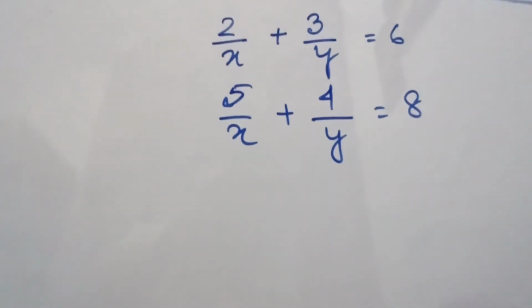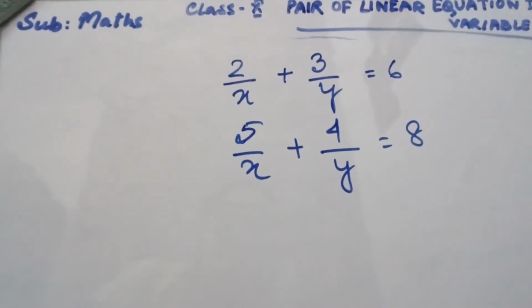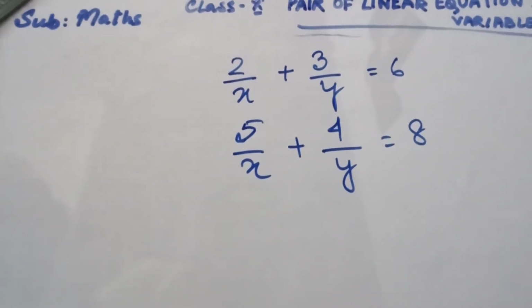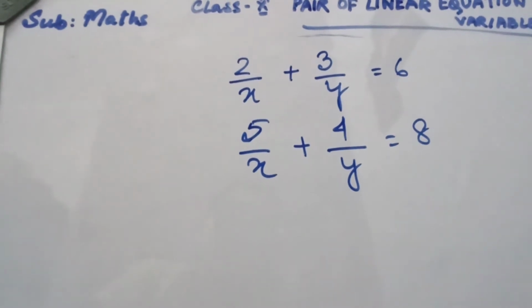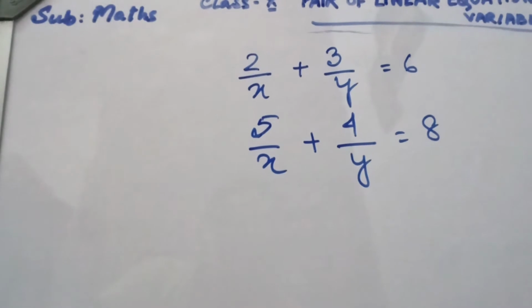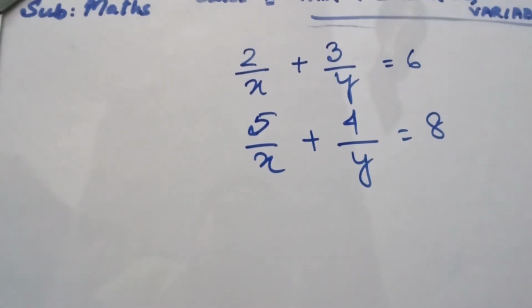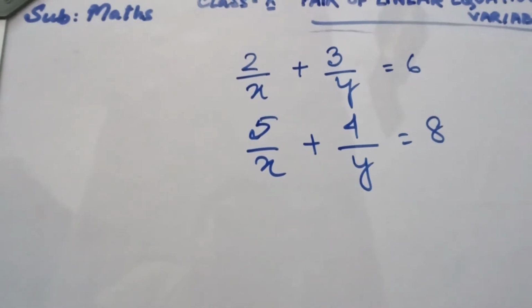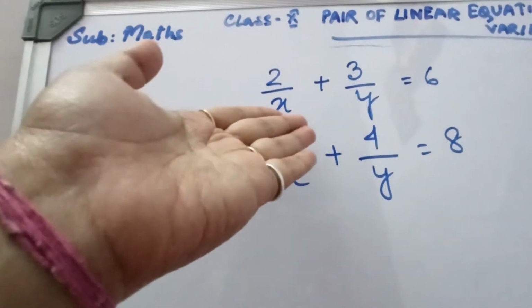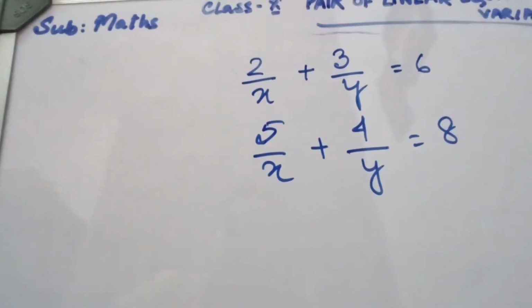Suppose this type of equation is given. Previously, you had always seen that only x was multiplied with the coefficient. Now it is 1 by x. So in this case it will be difficult for you to solve, because if you take LCM you will get the xy term together, and that will be a little difficult.